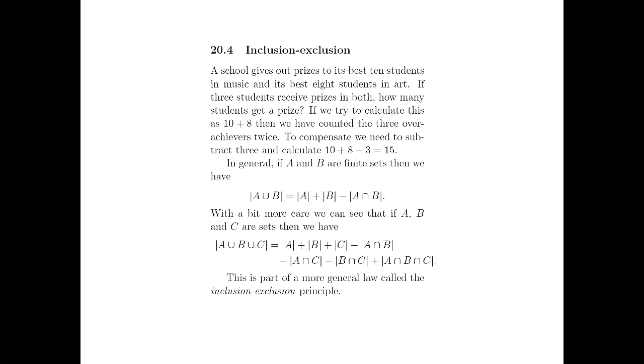Because you've counted the 3 overachievers twice, right? So to get back to the right answer, you need to subtract away those 3, right? Subtract the overcount.